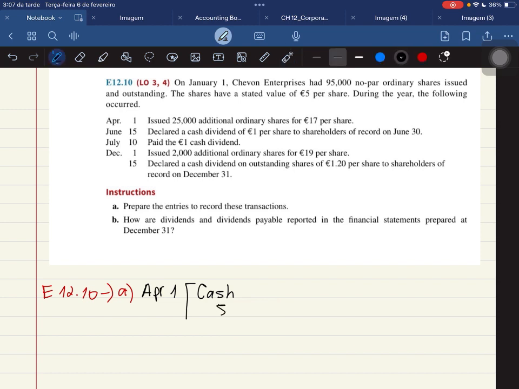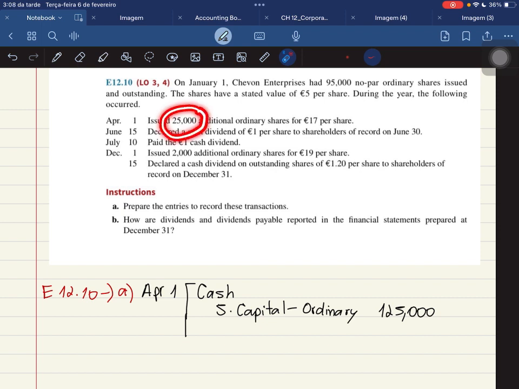So over here, we are going to have share capital ordinary, and that is going to be our 25,000 times our original value of 5, which gives us 125,000. And our cash is the issuance price, so it's how much we got for issuing those shares.